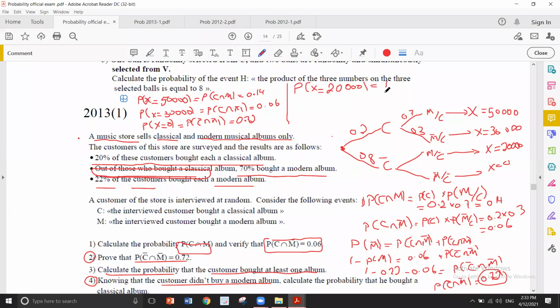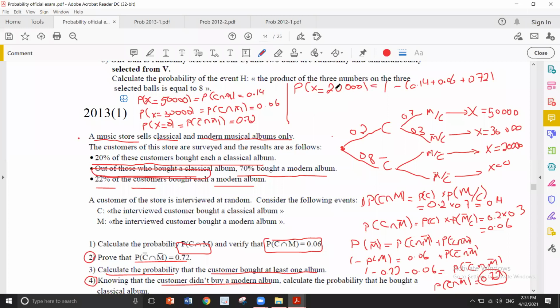Either I can put 1 minus 0.14 plus 0.06 plus 0.72. This is the first method, since the sum of total probabilities is 1.